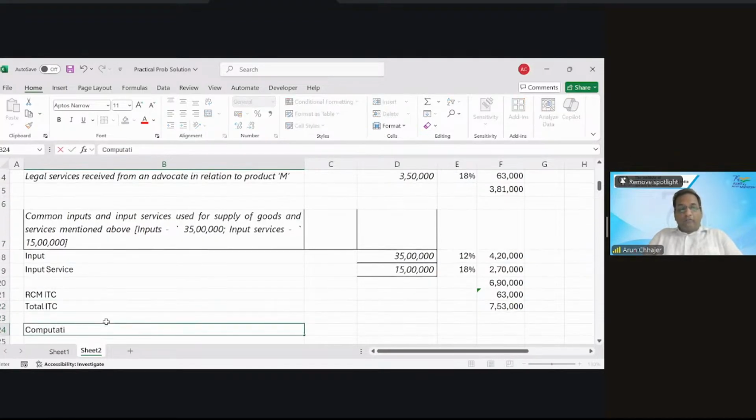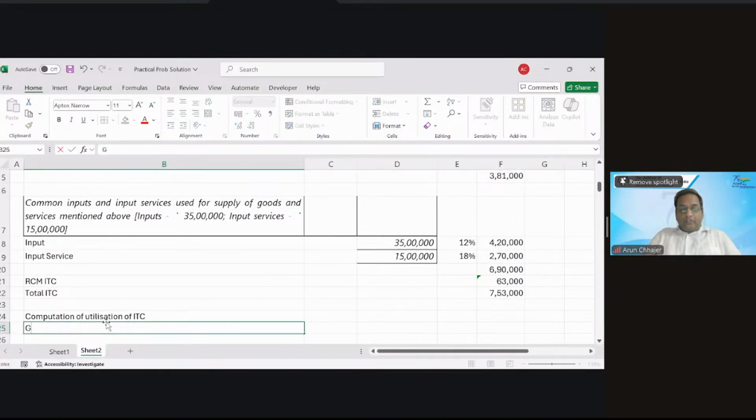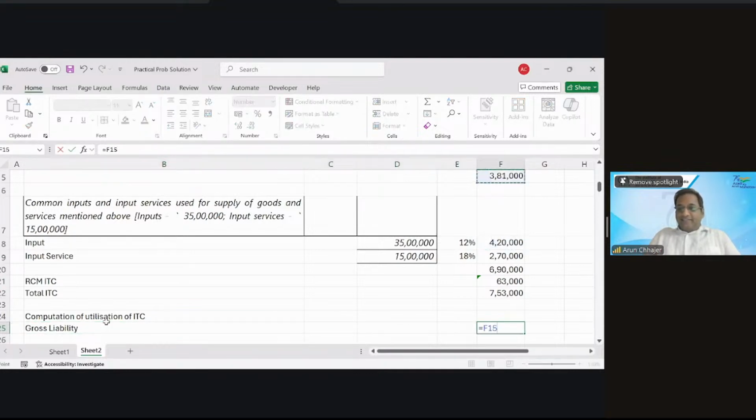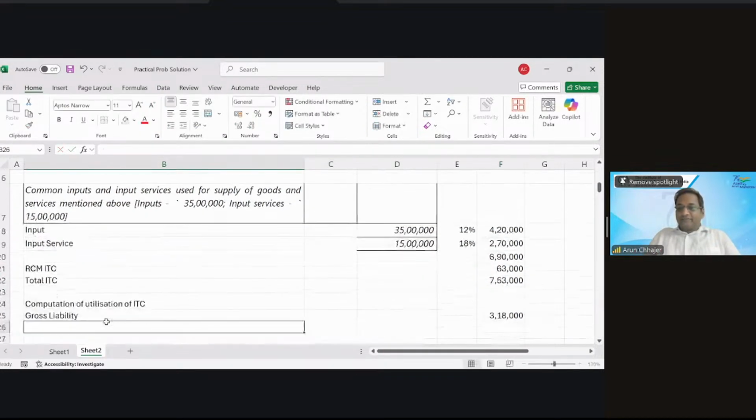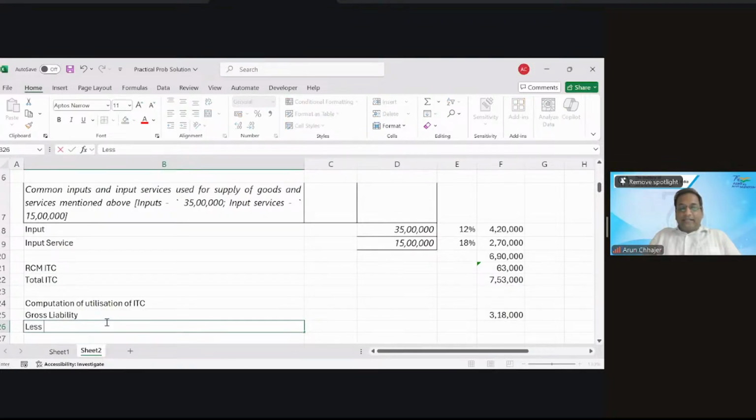Computation of utilization of ITC: gross liability is 3,18,000 and less ITC is 690.